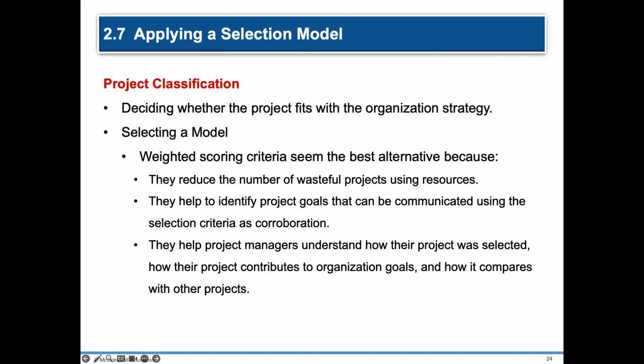And in classifying the project, you need to ask yourself if the project fits with the organization's strategy. So, how do you select among the many projects proposed?